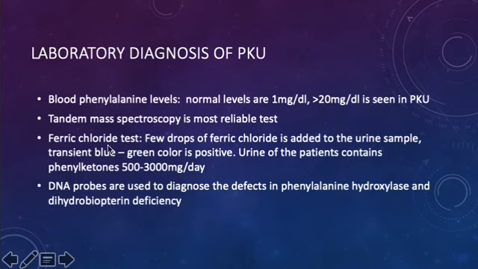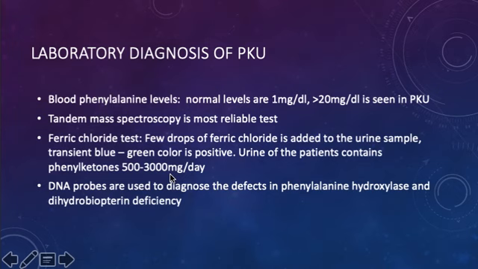And then you have the ferric chloride test. You take the patient's urine sample, add a few drops of ferric chloride. A transient blue or green color is positive. The urine of the patient contains phenyl ketones, around 500 to 3000 milligrams per day.